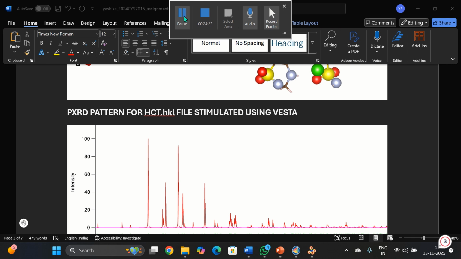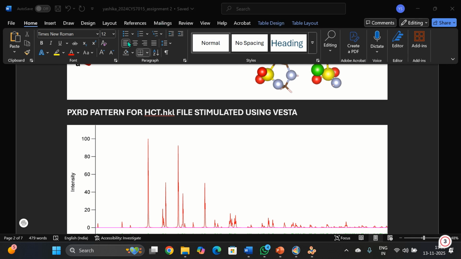To conclude, this study demonstrates how single crystal X-ray diffraction combined with Olex2 refinement and powder XRD simulation allows us to confidently determine and verify the solid state structure of a compound. Starting from the raw HKL data, we generated the electron density, built and refined the molecular model, analyzed the unit cell packing, and finally compared the calculated PXRD pattern with the experimental one.